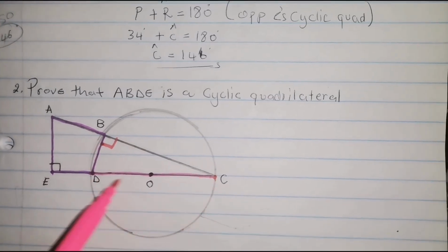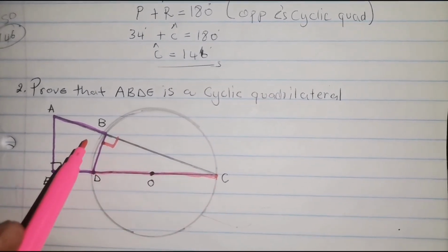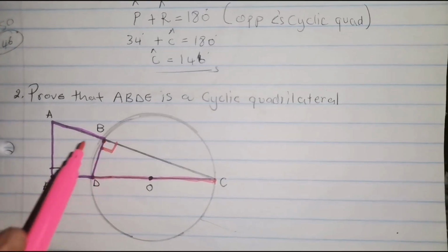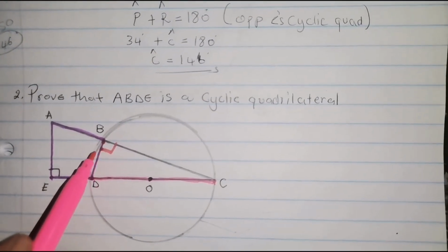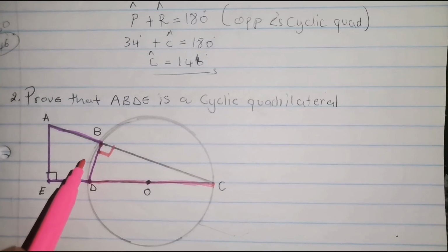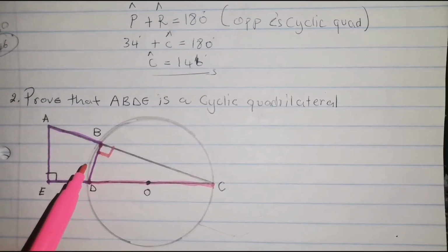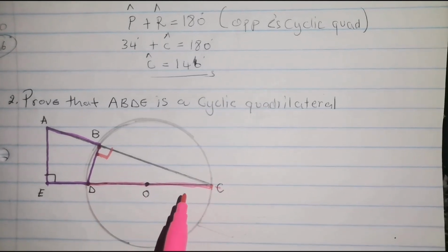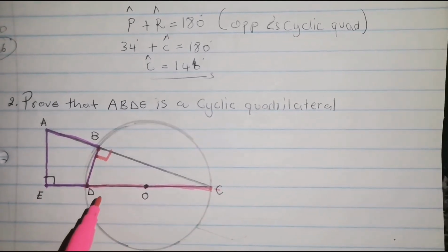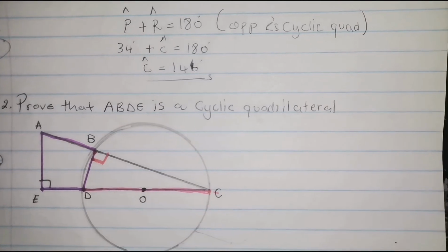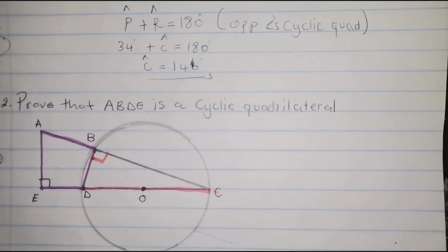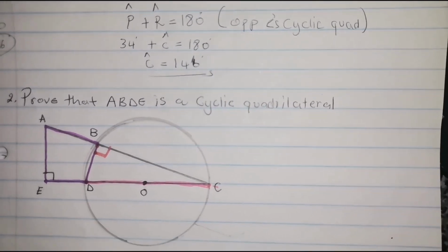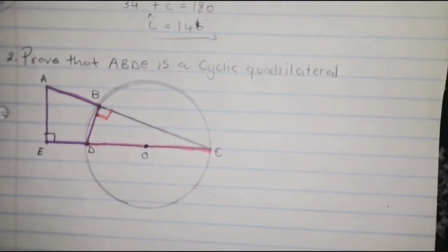And if diameter DC makes an angle at a circumference, if this point is on a circumference, therefore it qualifies to be a right angle, due to this DC, our diameter, making an angle at a circumference. The reason: angle in a semicircle, according to the proofs that we have proven in the previous lectures.